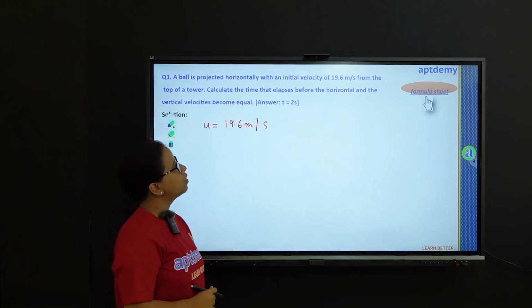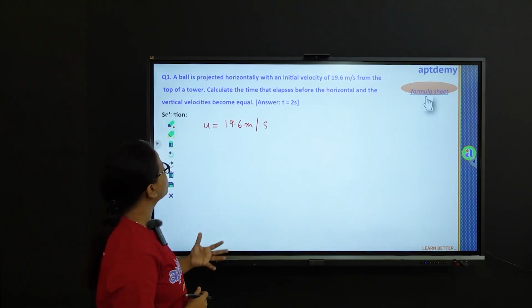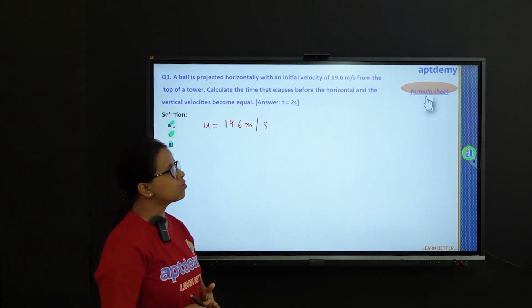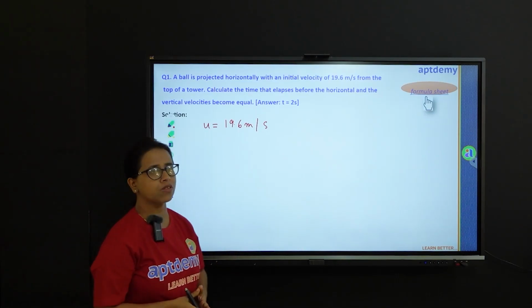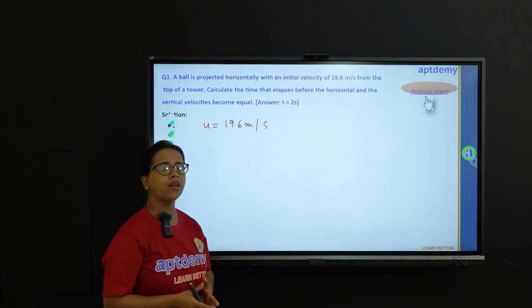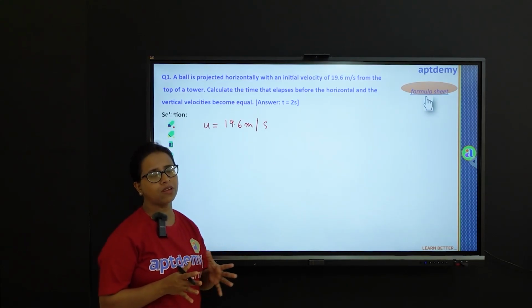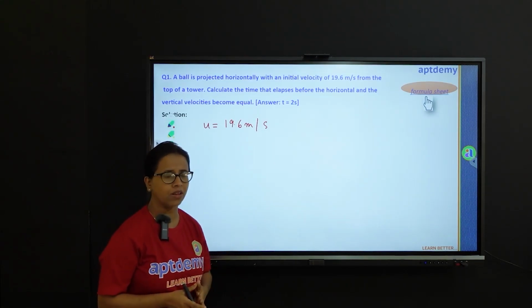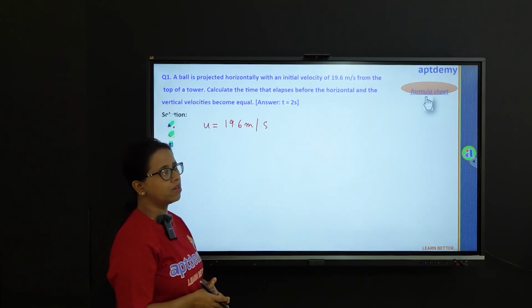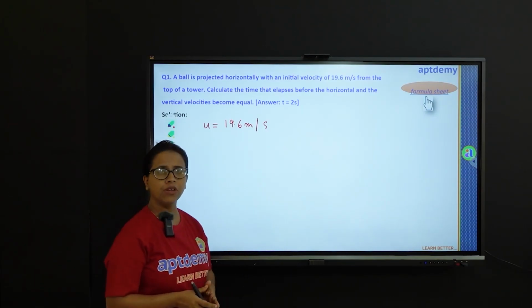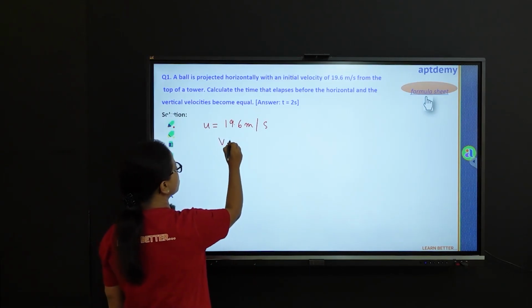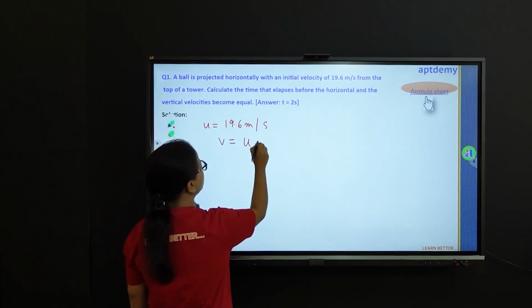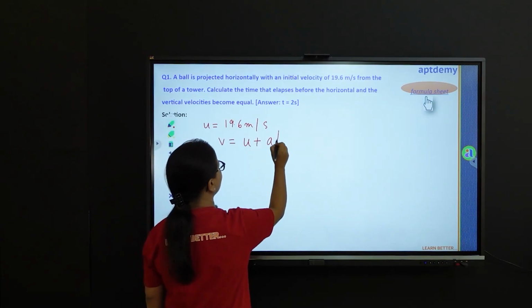As we know, the velocity has got both horizontal and vertical components. So, they are giving us in the question that the horizontal and the vertical velocities are equal, and during that period, what is the time that elapses? We need to find that out. So, first write down expressions for the vertical velocities and the horizontal velocities. We shall use the expression V equal u plus at.